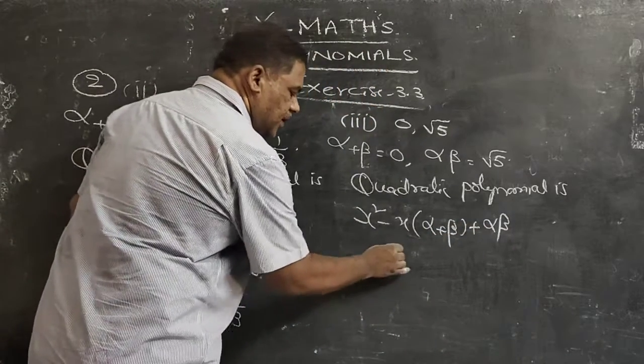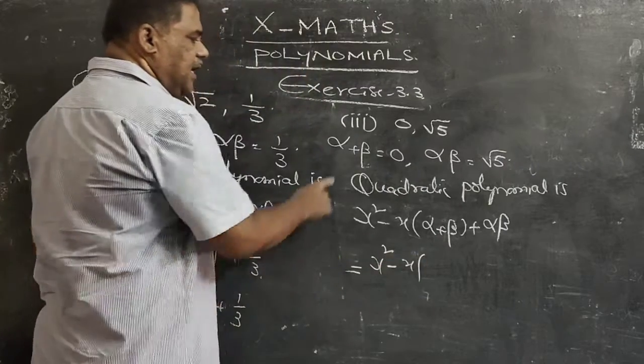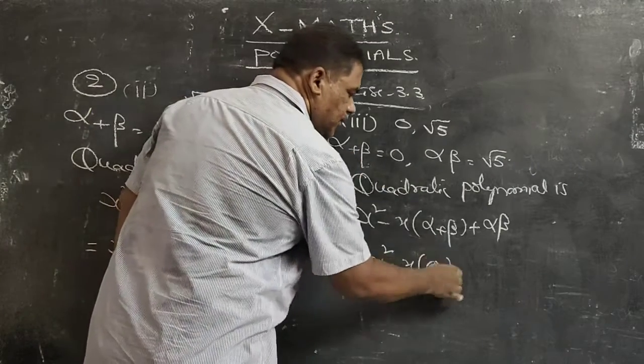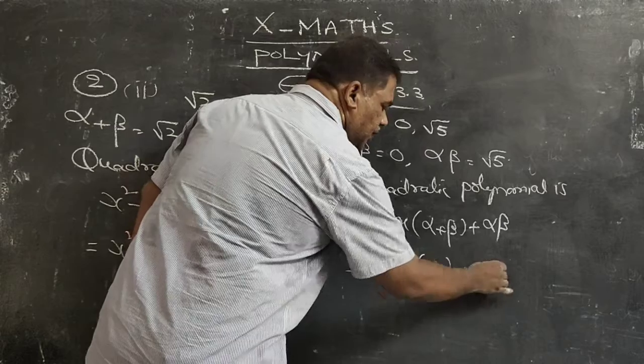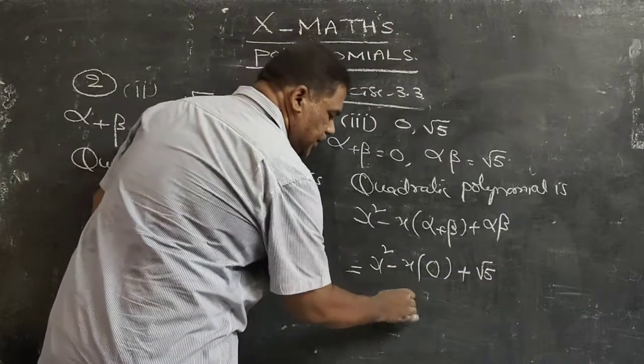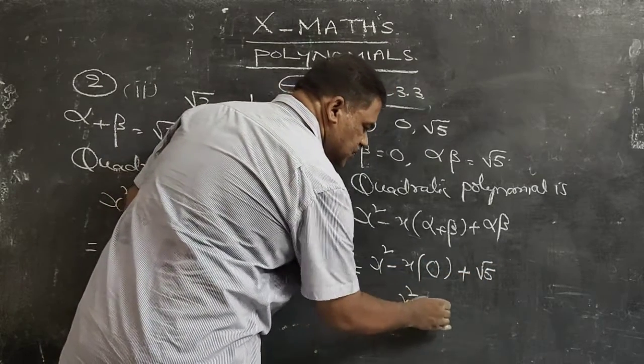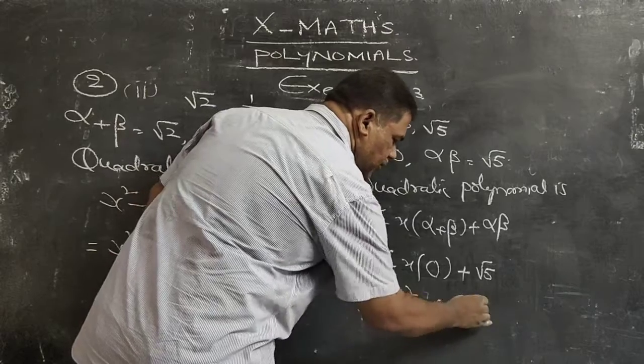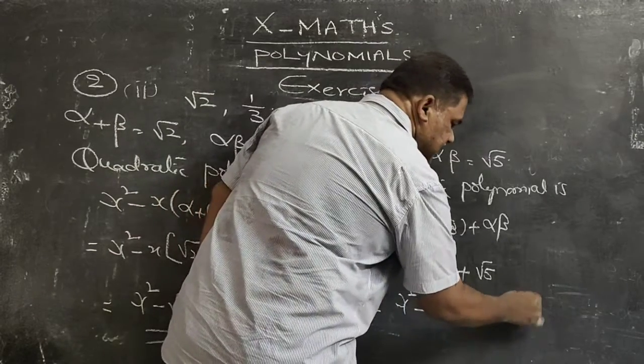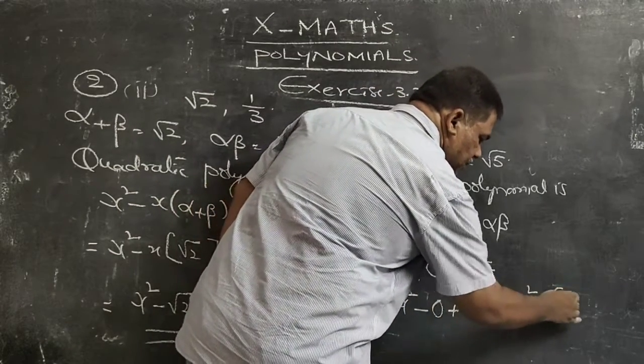So x square minus x into, here alpha plus beta is 0, alpha beta is root 5. So 0 into anything is 0, that is x square minus 0 plus root 5. So the answer is x square plus root 5.